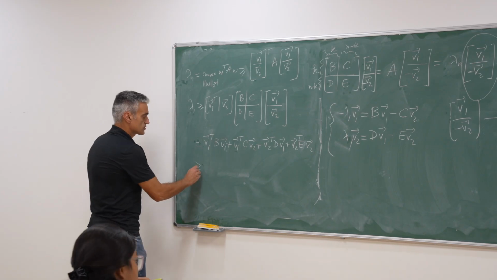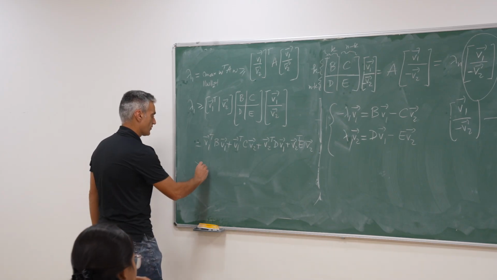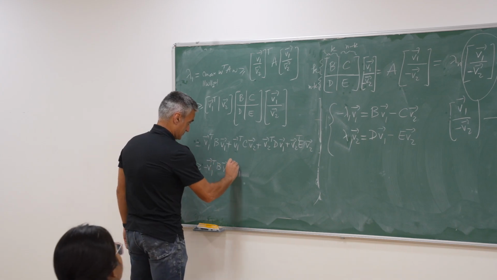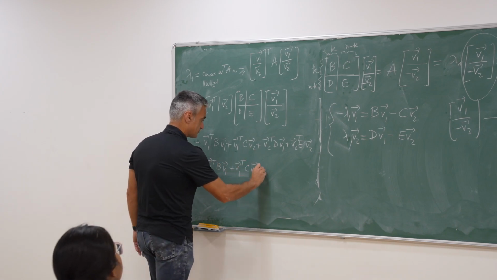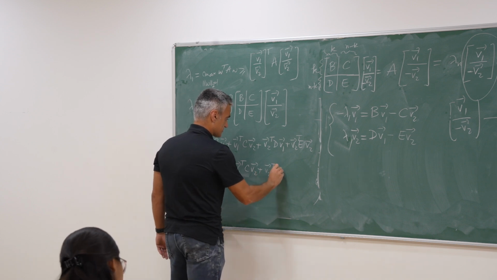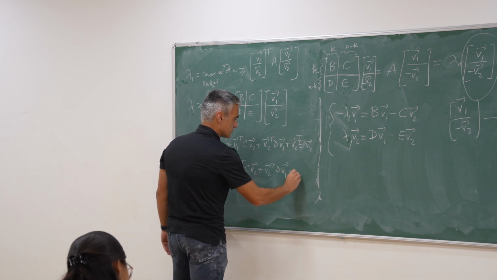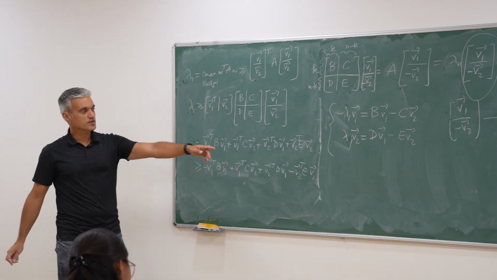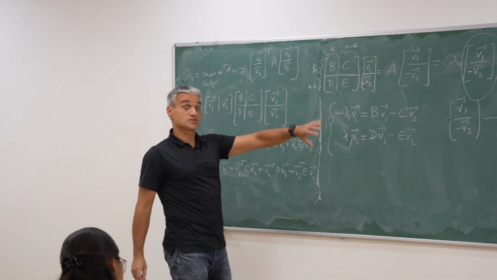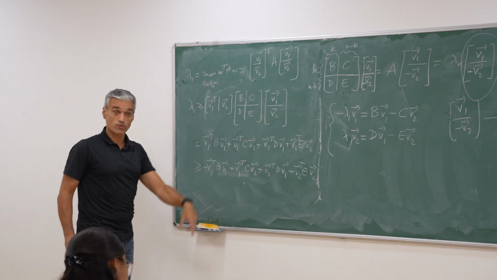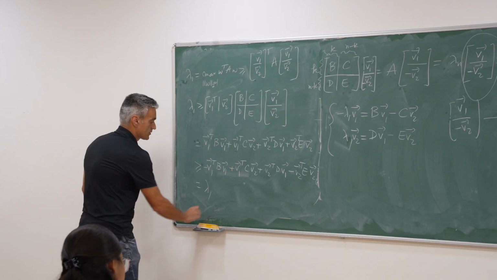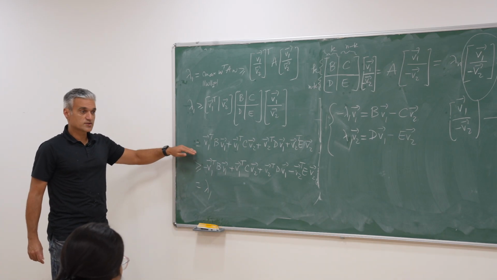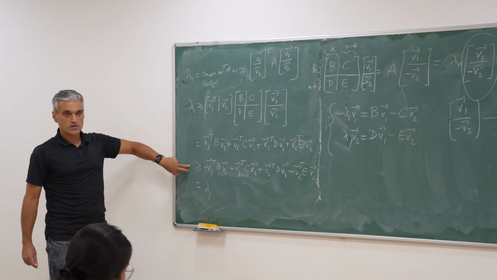So this is greater or equal than minus v1 transpose B v1 plus v1 transpose C v2 plus v2 transpose D v1 minus v2 transpose E v2. And from the calculation, from the hypothesis that lambda n is minus lambda 1, I know that this equals lambda 1. Okay, lambda 1 is greater or equal than this. Why do you have greater or equal here?